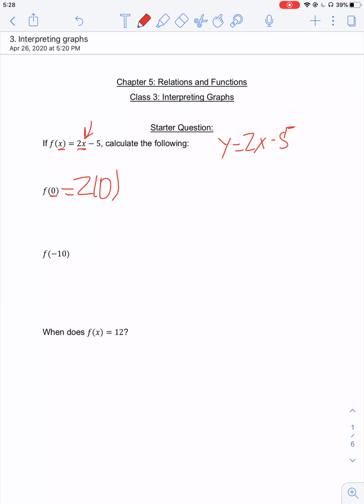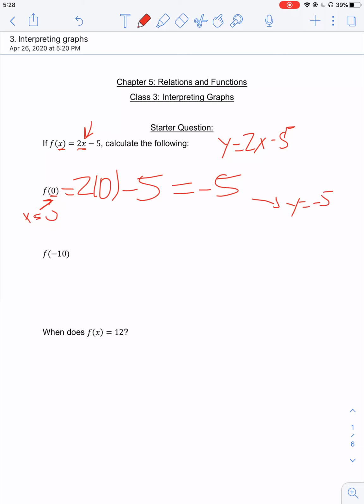You only see x once, but eventually, when you go to grade 11, 12, you're going to see many x's. But the idea is the same. And I'm using brackets because it's multiplication, minus 5. So 2 times 0 is 0, so this just equals minus 5. In other words, when x is equal to 0, y is equal to minus 5. That's what it means.